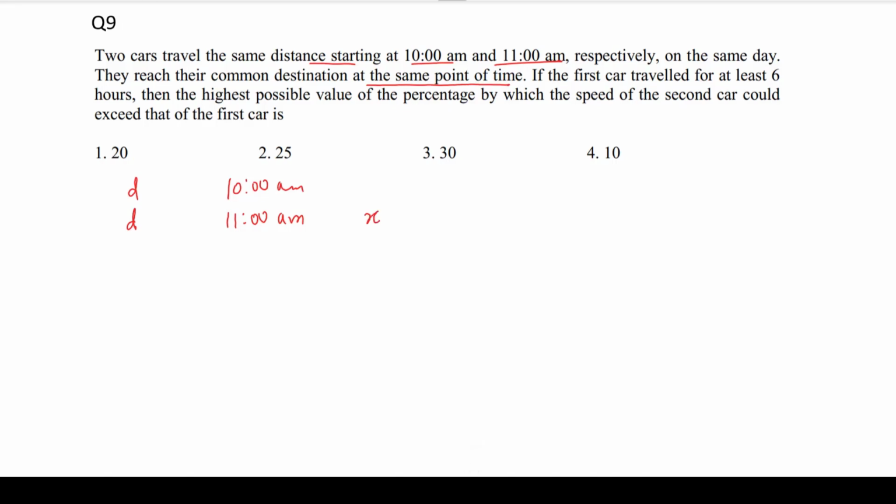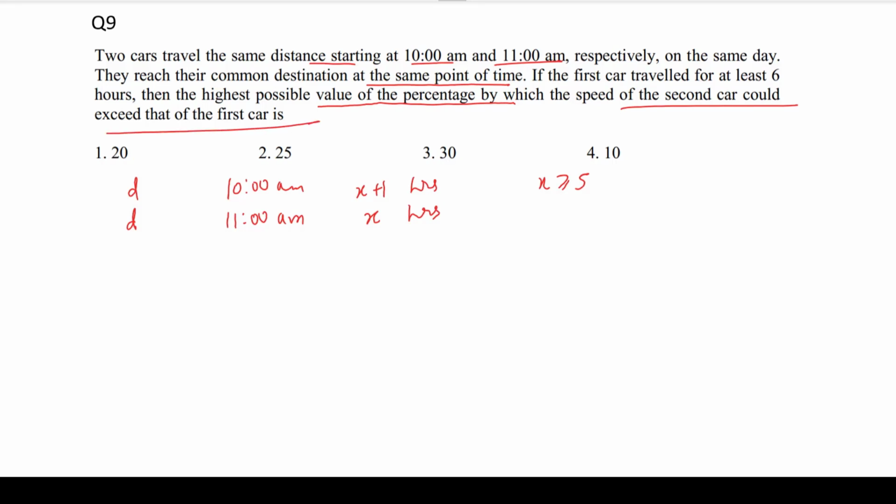So suppose it takes x hours, then the first car should take x plus 1 hours to reach the same destination. If the first car traveled for at least 6 hours, x should be greater than or equal to 5. We need to find the highest possible value of the percentage by which the speed of the second car could exceed that of the first car.